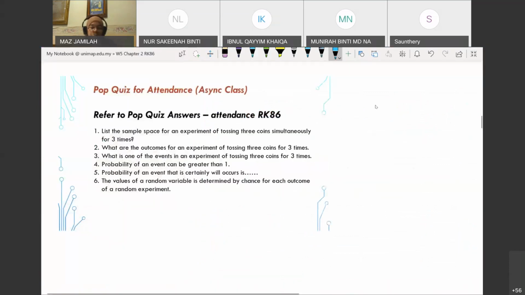Now, remember the difference when listing a sample space of an experiment of tossing 3 coins simultaneously. If I say, for 3 times, I disregard that first. I am tossing 3 coins simultaneously once.